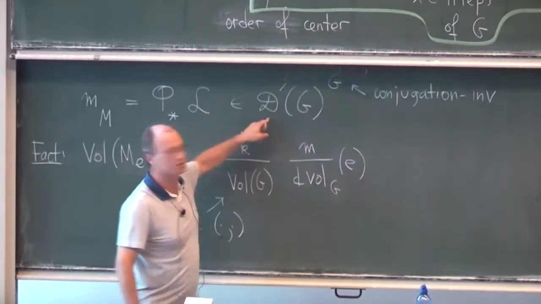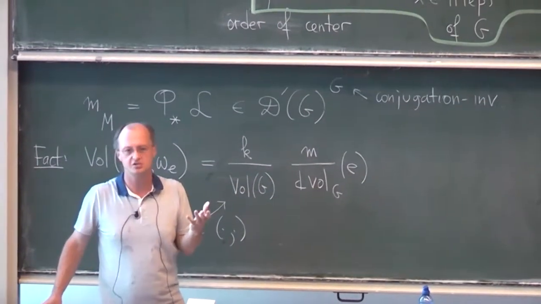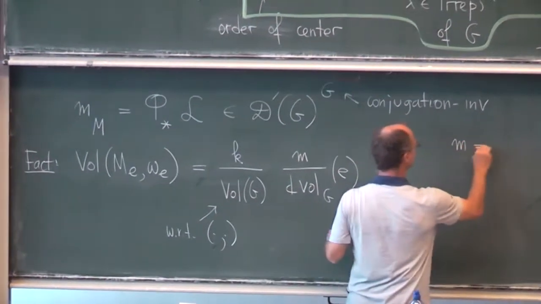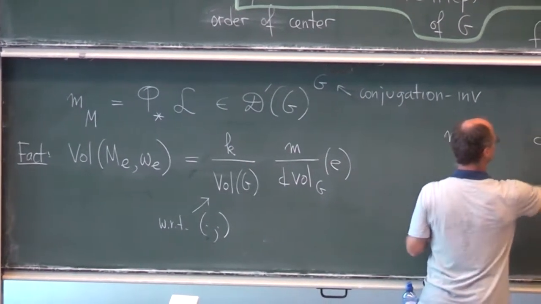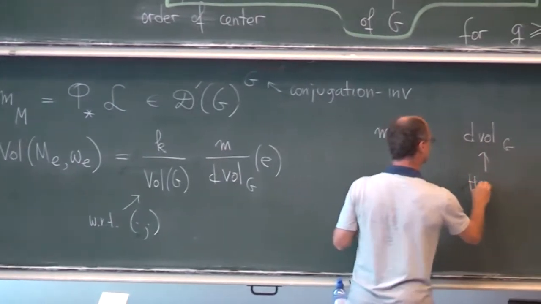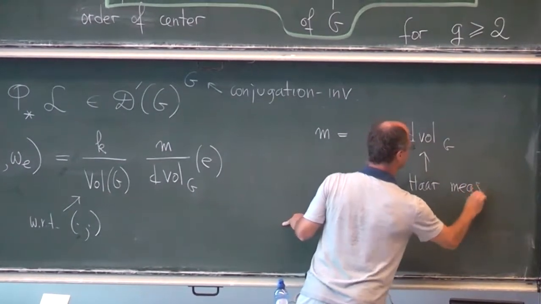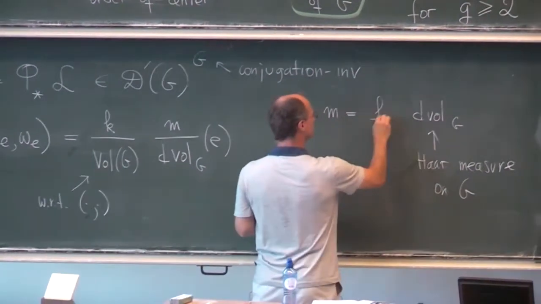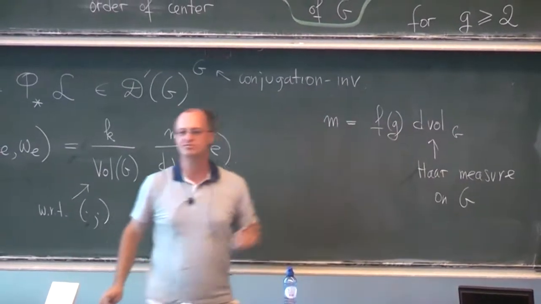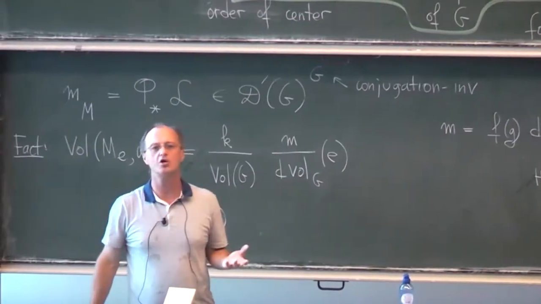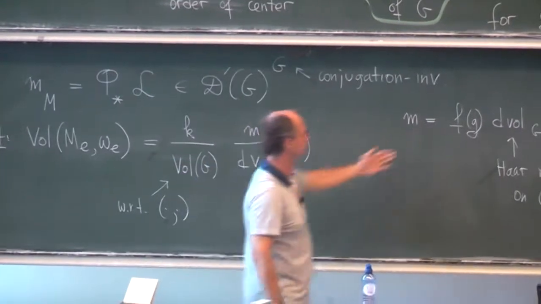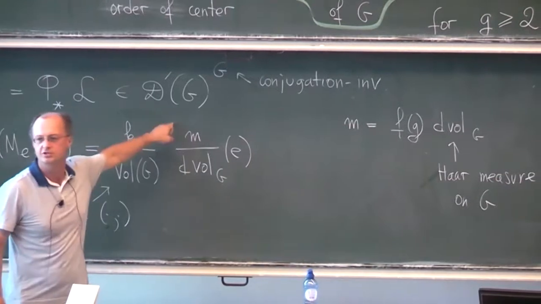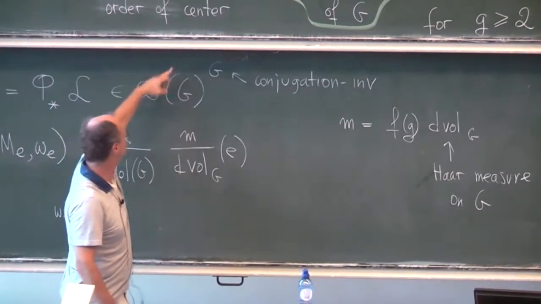This is a distribution, but we hope that it is a nice distribution. So we imagine that M is a product of the Haar measure on G times some relatively nice function. This is not always true, but let's pretend it is. So this is a kind of Radon-Nikodym derivative.